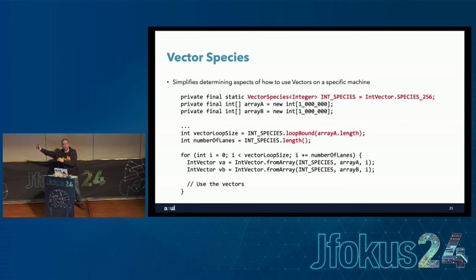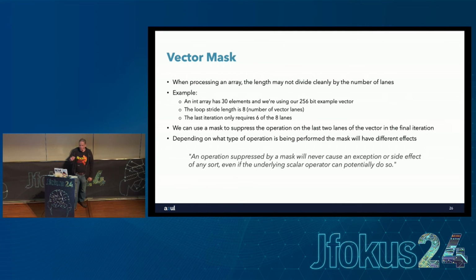As we move through, we'll take new values, do the same with array B, and then do some sort of processing. So this allows us to simply create a loop to go through the array, and do it in chunks that will fit into the vectors that we're going to use. We then have the idea of a vector mask.